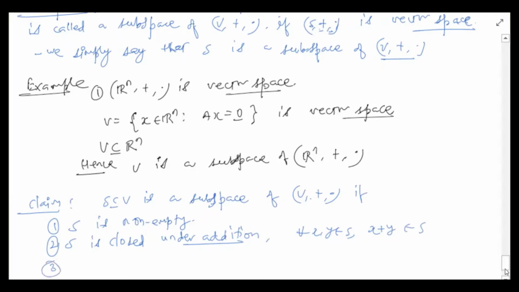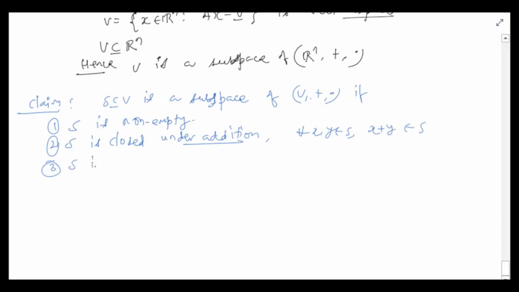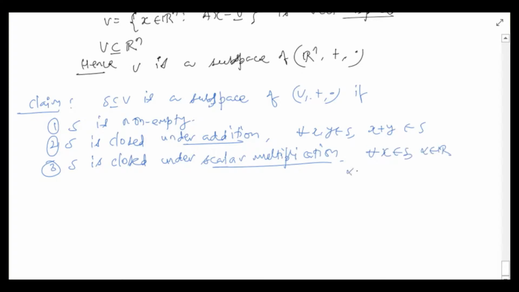And the third property is S is closed under scalar multiplication. So what we mean is that for all x in S and alpha in R, alpha x will also be in S. Okay.